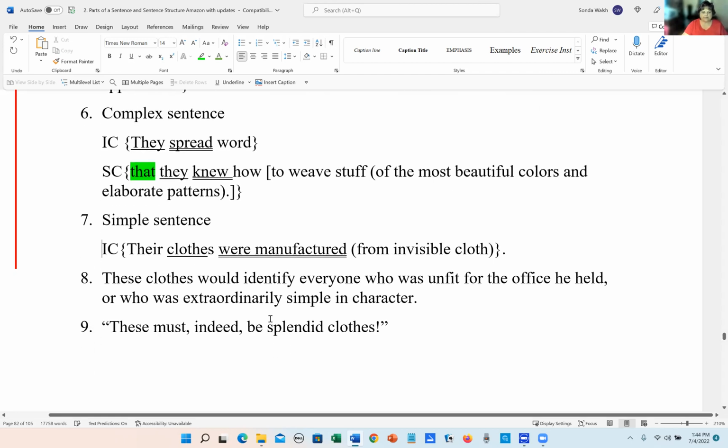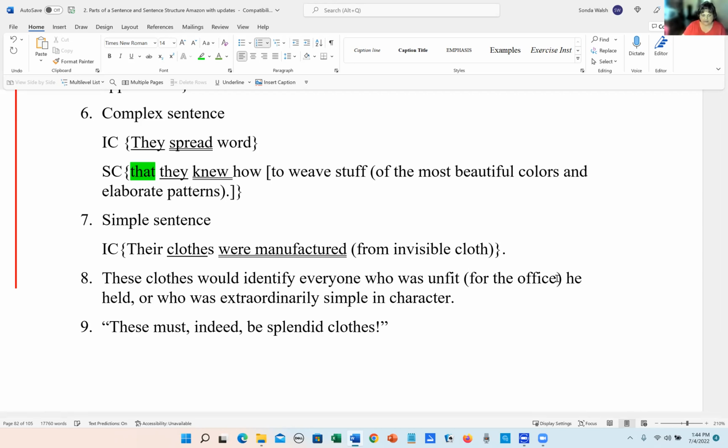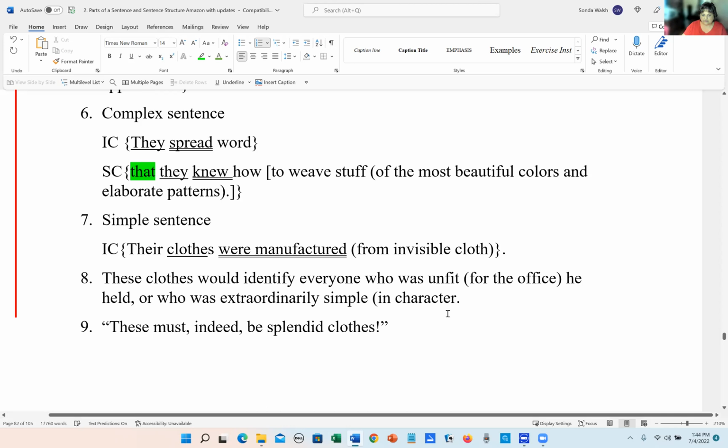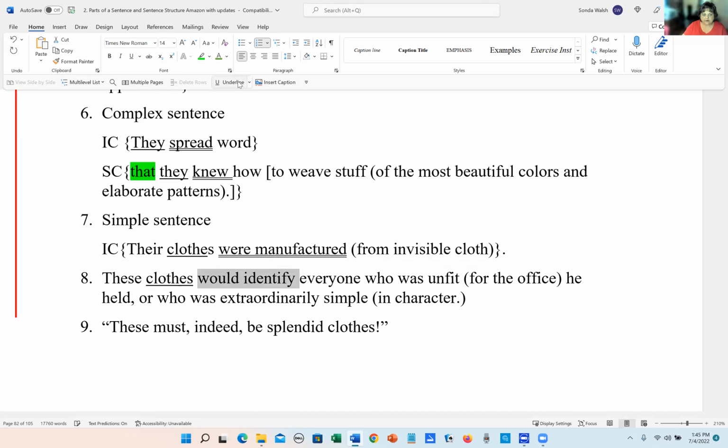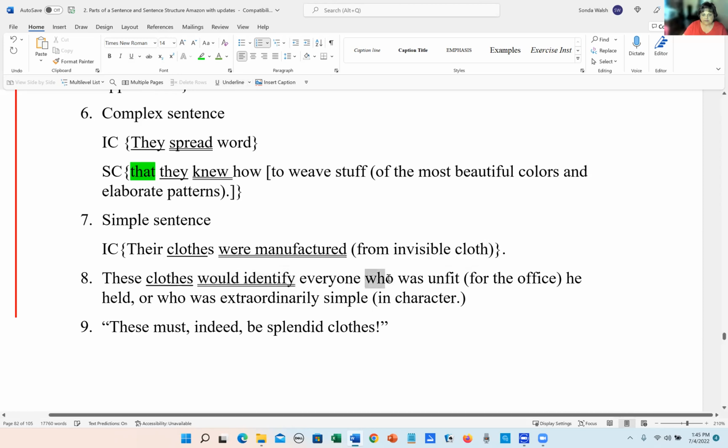Okay, number 8. "These clothes would identify everyone who was unfit for the office he held or who is extraordinarily simple in character." There are our prepositional phrases. Let's find our subjects and verbs. "Clothes" is a subject. "Would identify" is our verb. "Who" is a subject. "Was" is a verb.